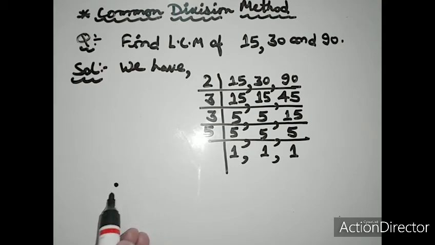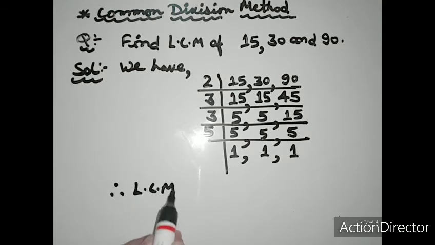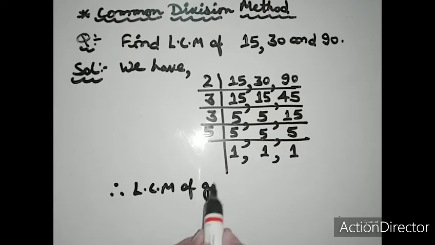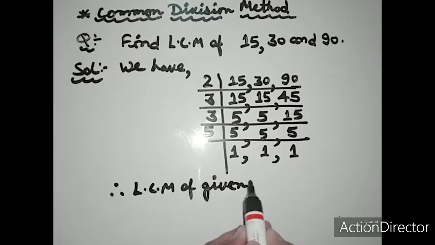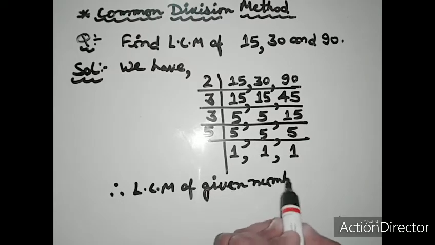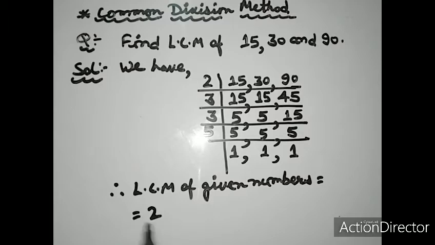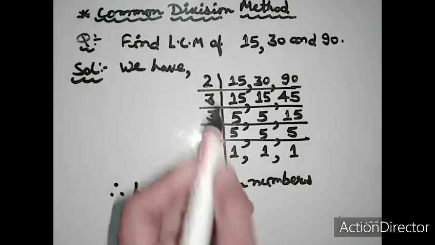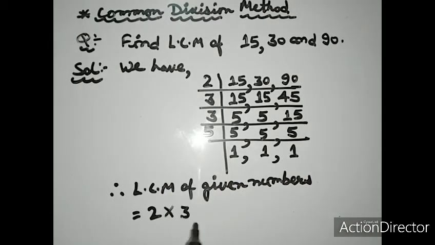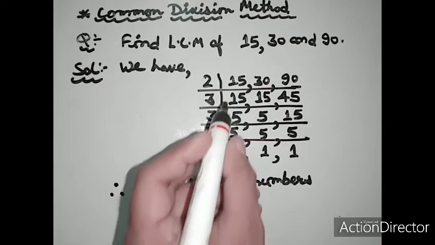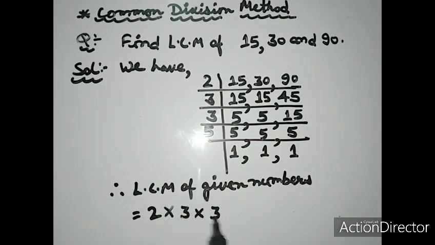Now here we write the LCM of the given numbers is equal to 2 multiply by 3 multiply by 3 and multiply by 5.